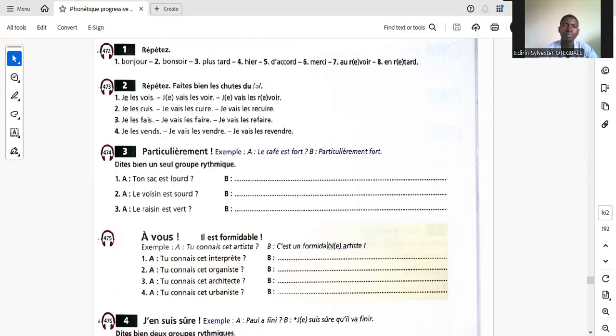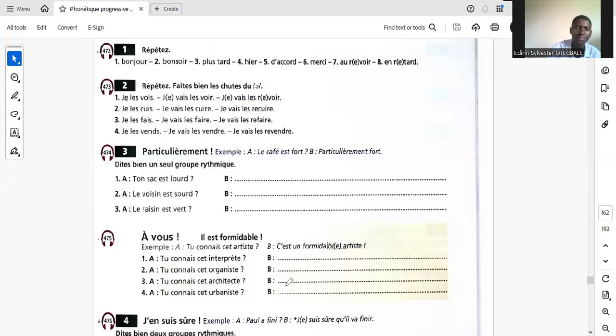Exercice 2. 1. Je les vois, je vais les voir, je vais les revoir. 2. Je les cuis, je vais les cuire, je vais les recuire. 3.